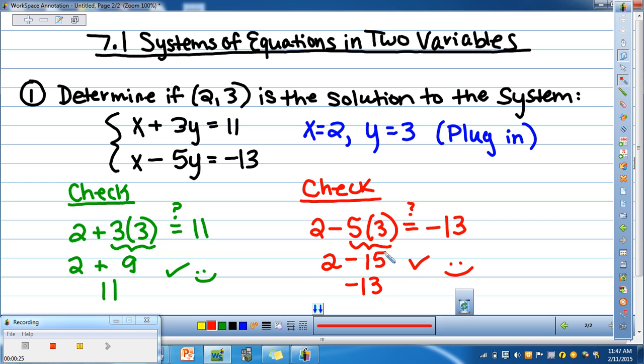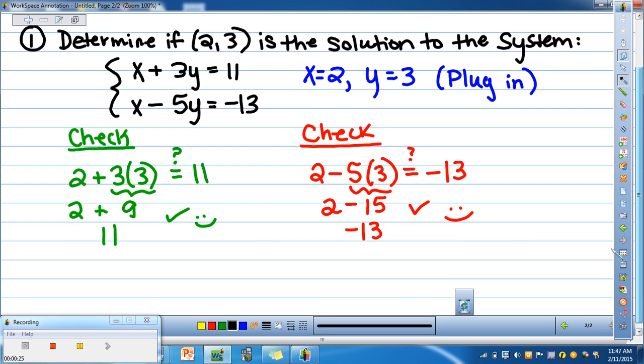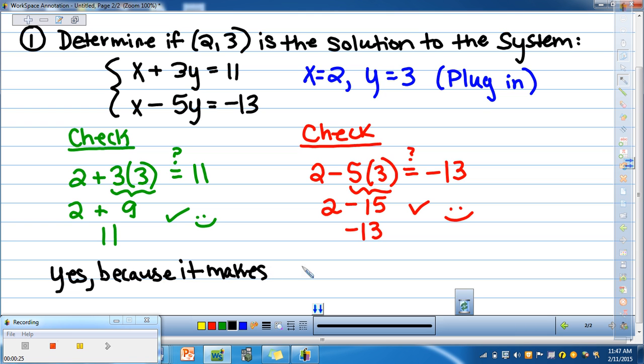Because it makes both equations true, we say that (2, 3) is the solution to the system. If the x and the y value given in the ordered pair only made one of the equations true, or neither of the equations true, we would say that it was not the solution to the system.